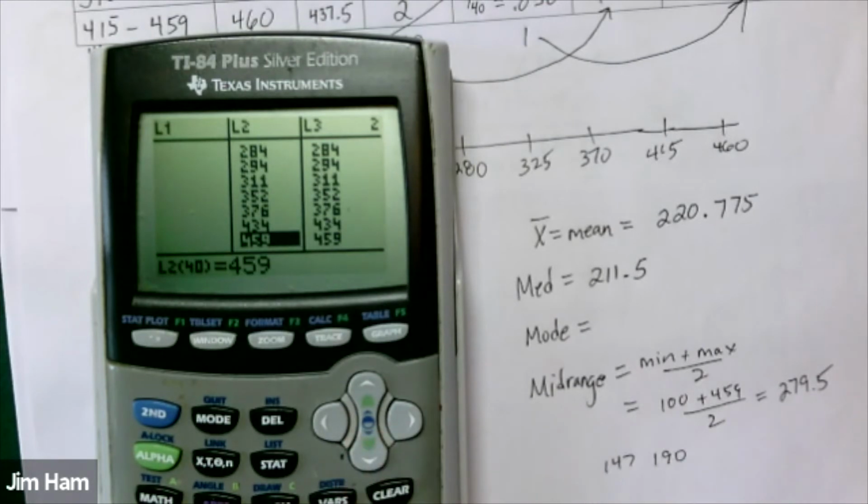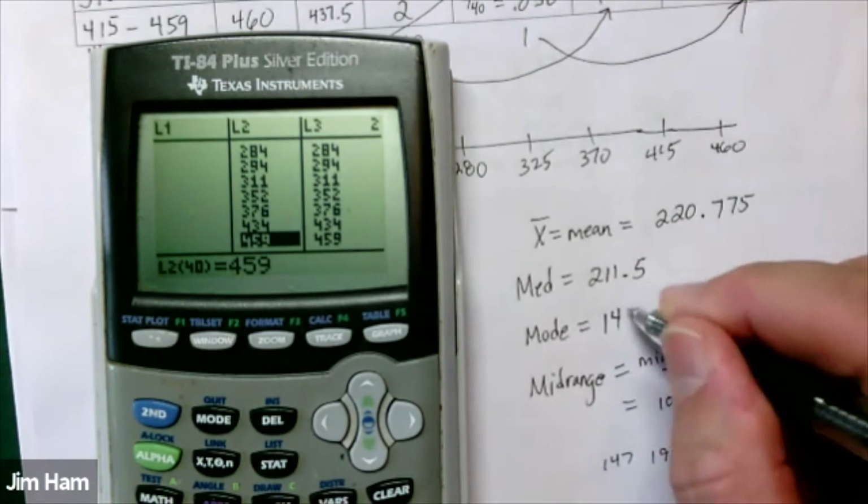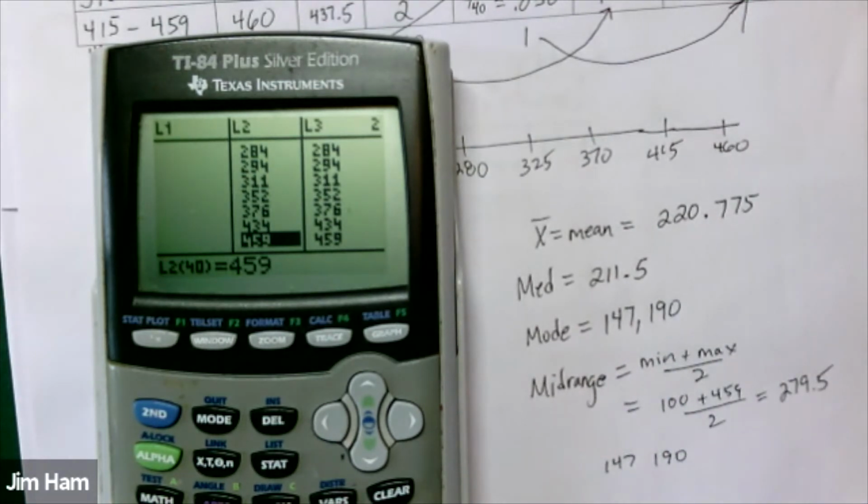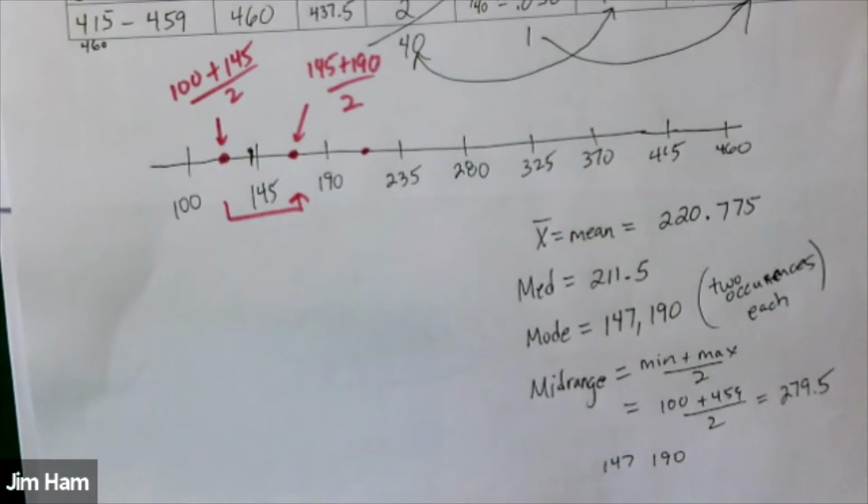But what we do have is 2 data values, 147 and 190, that appear twice, more than the other data values. So in this case, we have 2 modes, maybe bimodal, but until we see the distribution, we wouldn't know. They have 2 occurrences each.